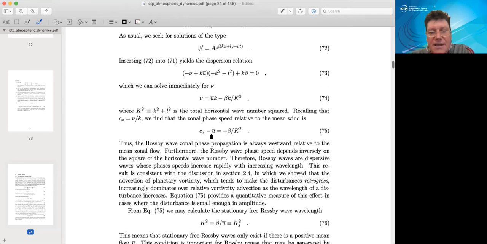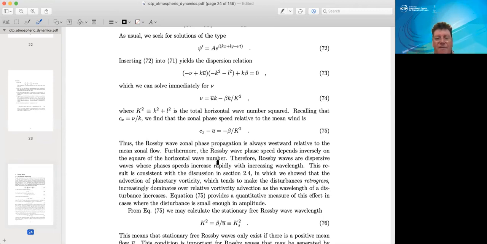But this also tells us that there can be an equilibrium if we bring the u bar on the other side. There can be an equilibrium between the mean flow and the beta effect. And these two factors may counteract each other, which brings us back to the discussion that we had in the last lecture, where the advection of planetary vorticity may counteract the advection of relative vorticity. And when they just balance each other, we get the stationary wave.